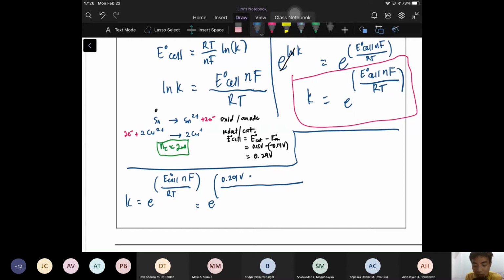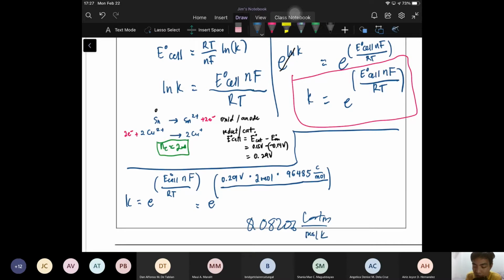Okay, so we have 0.29 volts. N, yun yung moles ng electron. So that will be 2 moles. What's F? That's the Faraday constant, 96485 coulombs per mole. Sa baba, you have the R in energy units. Dalawa kasi yung R. It could either be 0.08206 pag liter atmosphere per mole Kelvin yung unit mo.